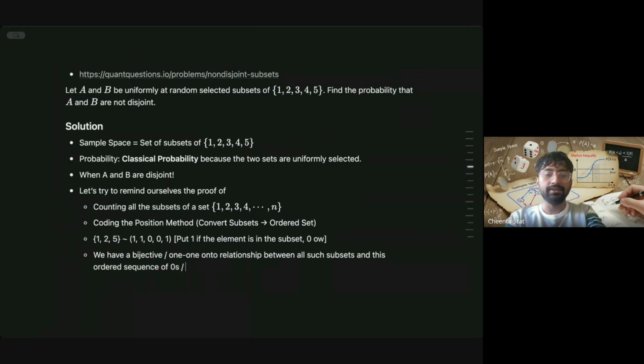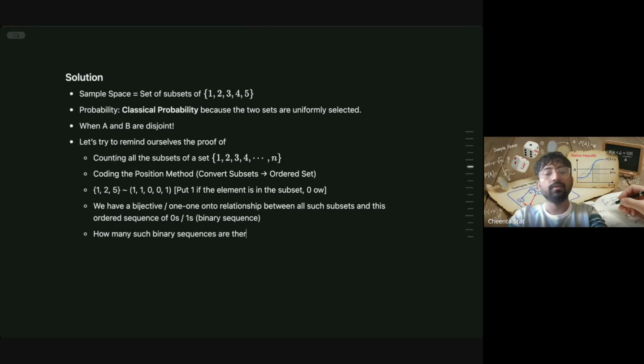We also call it a binary sequence. Now, how many such binary sequences are there? It's simple. Each of the n places has two options, so it's 2 times 2 dot, dot, dot, times 2, n times. So it will be 2 to the power n.